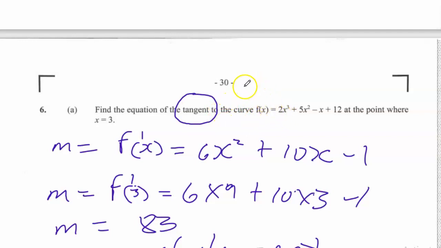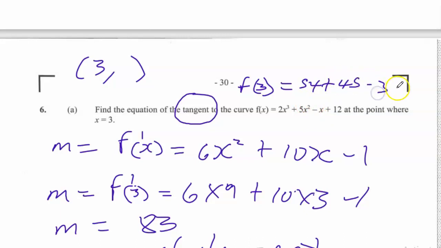So f of 3, let's find f of 3. That will give us the corresponding y value of when x is 3, so that's 2 times 3 cubed. Now 3 cubed is 27. 2 times that, that's 54. Plus 5 times 3 squared. 3 squared is 9. 5 times that is 45.